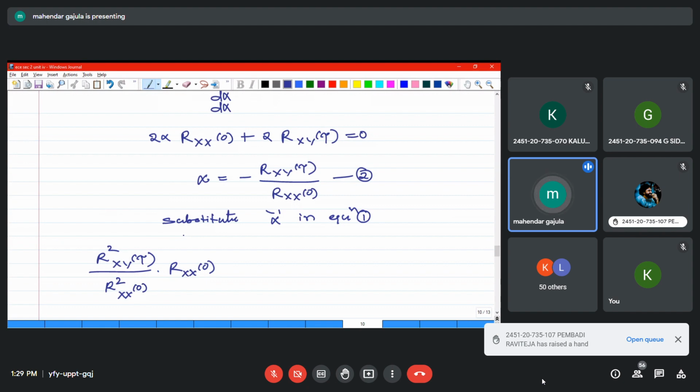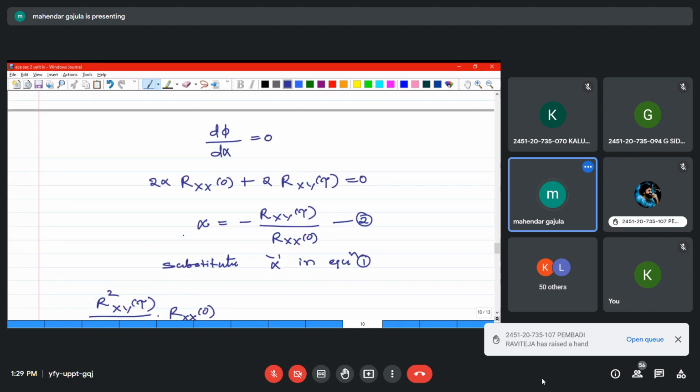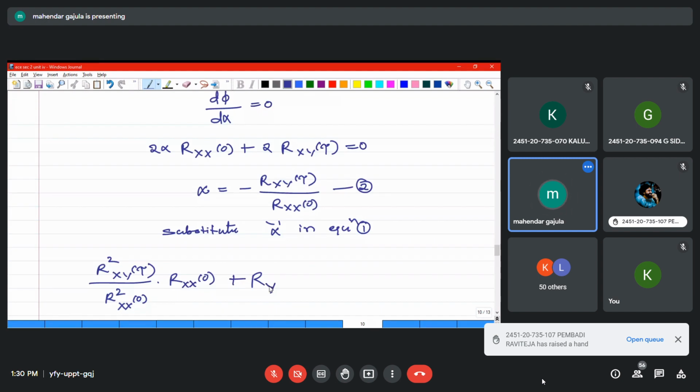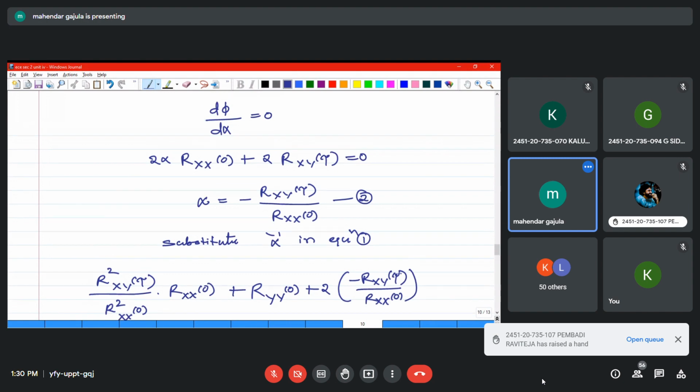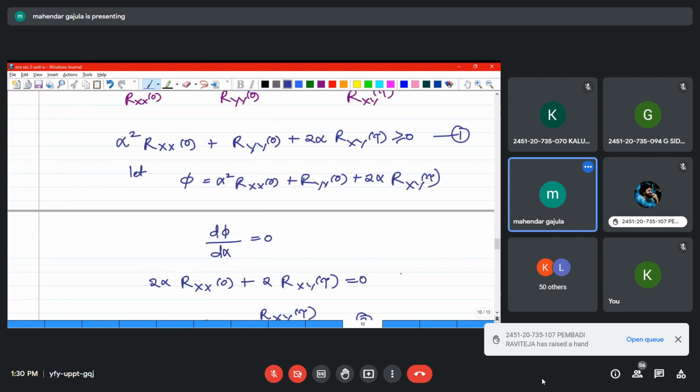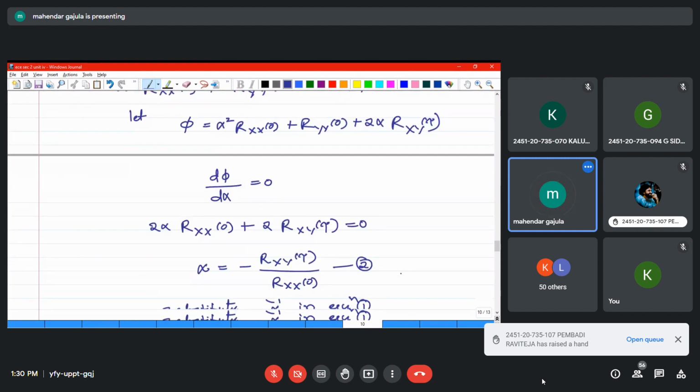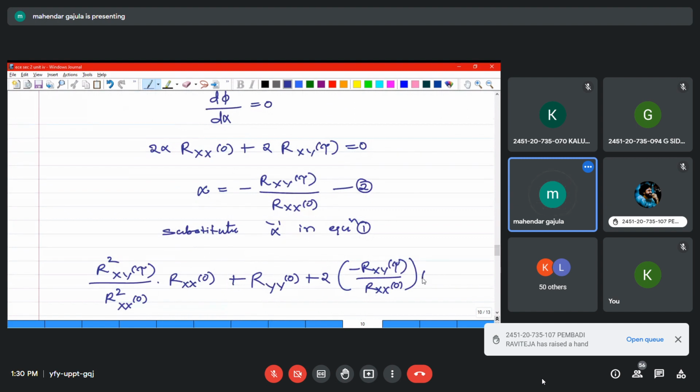And the second one is r_yy(0), as it is, r_yy(0), plus 2 alpha. Alpha is minus r_xy(tau) by r_xx(0) times r_xy(tau), greater than or equal to 0.